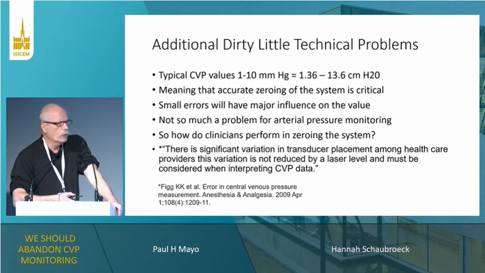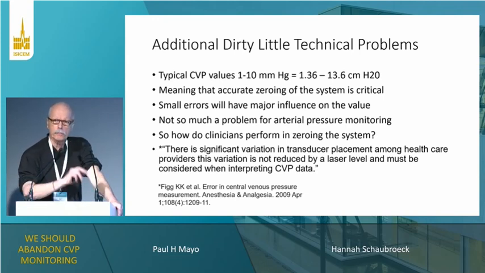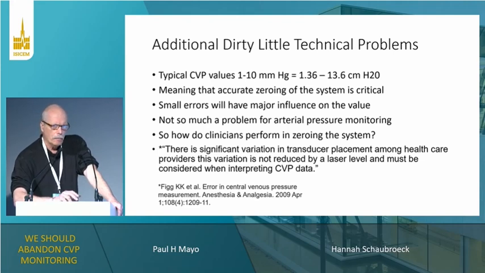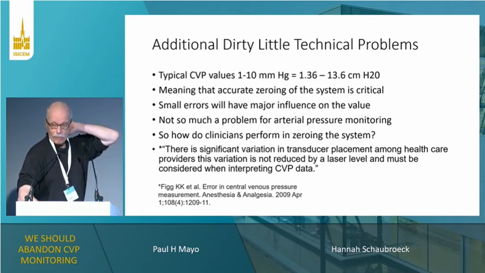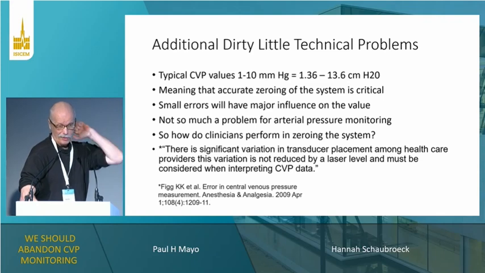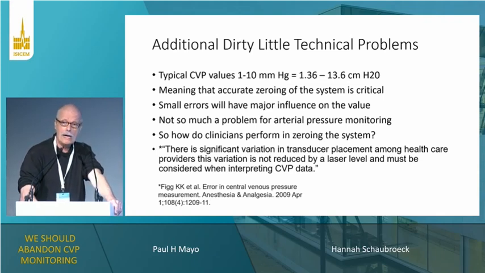There are some other dirty little technical problems that have not been mentioned by Dr. Teboul. He talks about the concept of central venous pressure, but zeroing is a key element to the accuracy of the pressure measurement. One of the big problems is that central venous pressures are not that high, so your zeroing has to be extremely accurate.